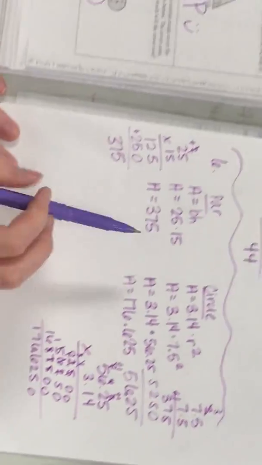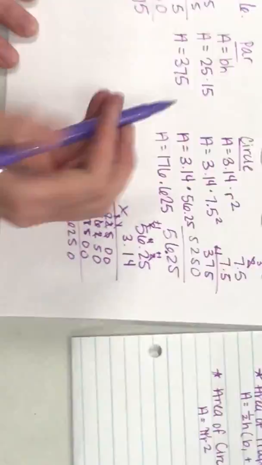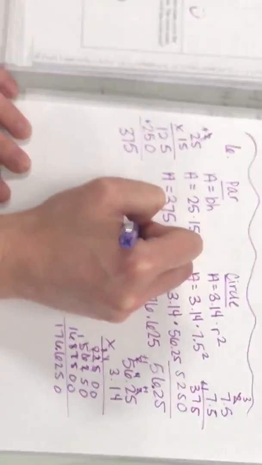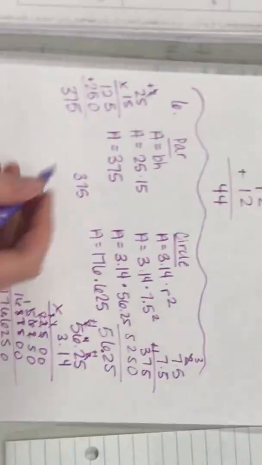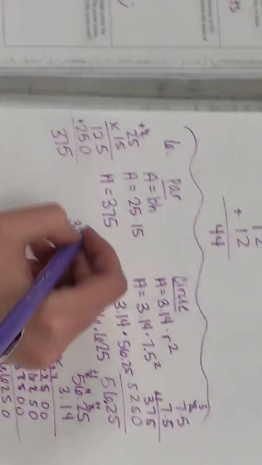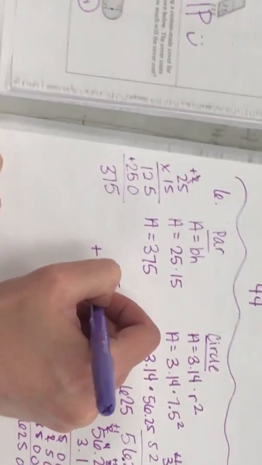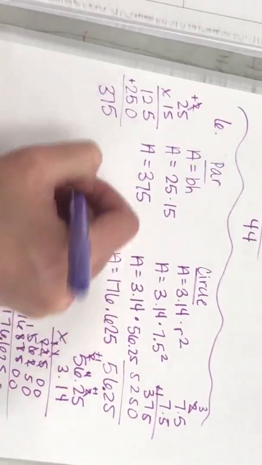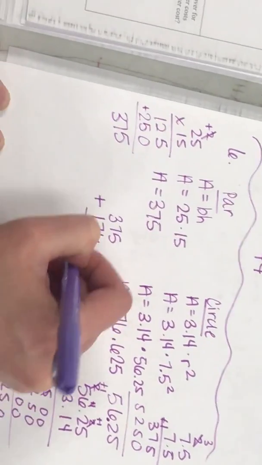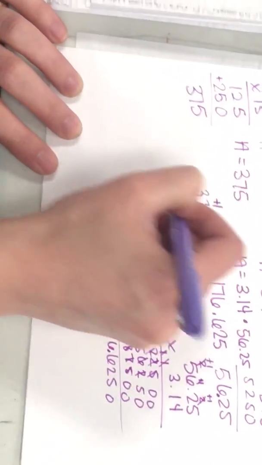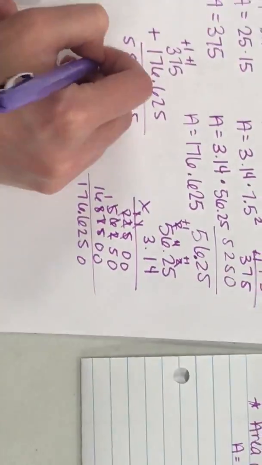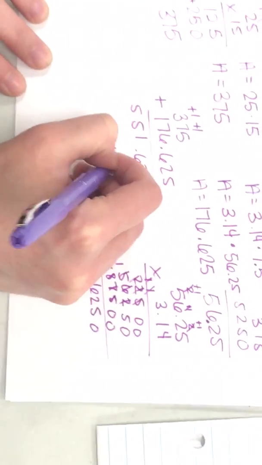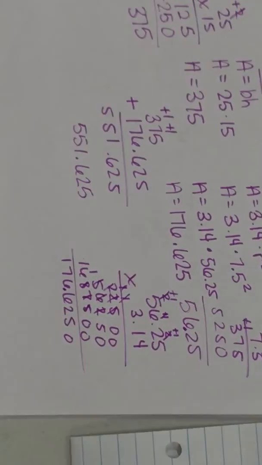Okay. Now, in order to figure out the total area, we're going to take 375, which was the area of the parallelogram part, add it to the area of the circle, 176.625, which would equal 551.625. Okay, so our total area is 551.625.